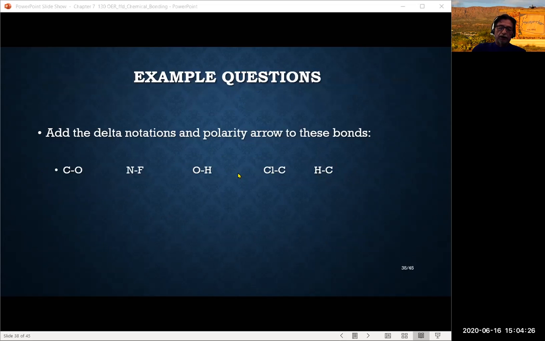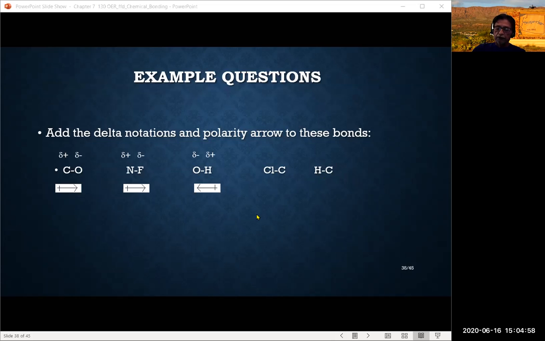All right, so here they're asking you to add the delta notation, that's the partial negative or partial positive, and to add the polarity. Well, carbon, oxygen, we had that example already. Okay, it's going from carbon to oxygen. Nitrogen to fluoride, well, fluoride's the most electronegative, so automatically it's going to fluoride. Okay, left to right. Oxygen and hydrogen, we just did that, it's going toward the oxygen.